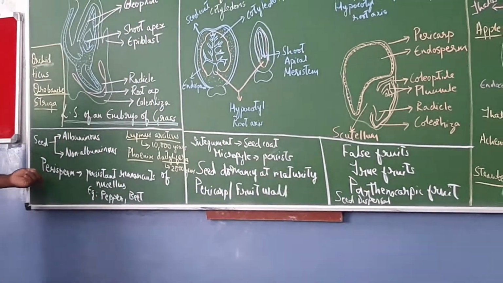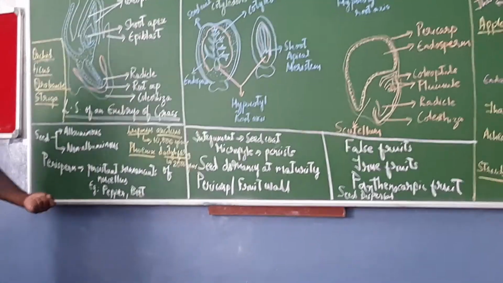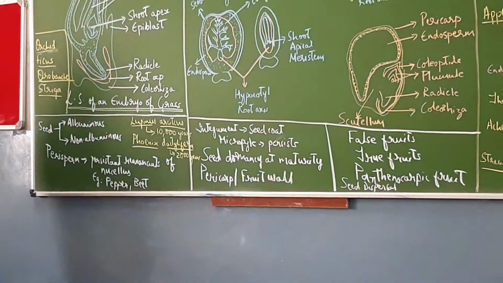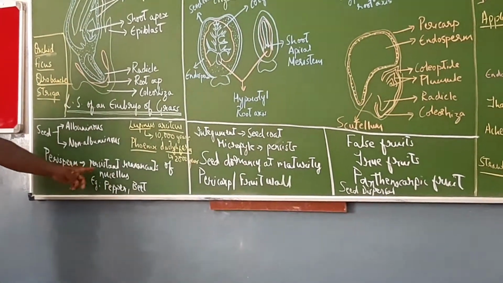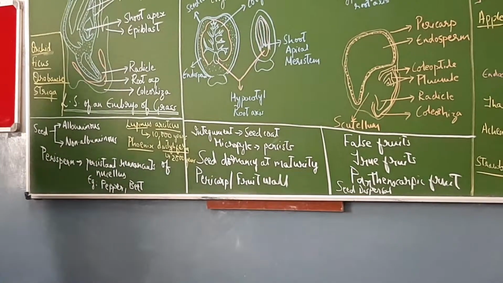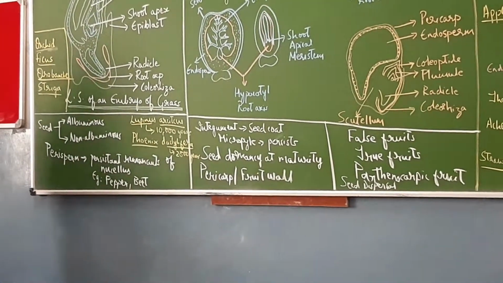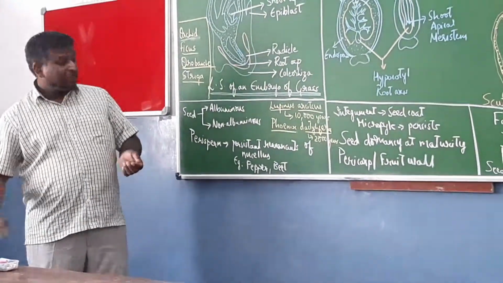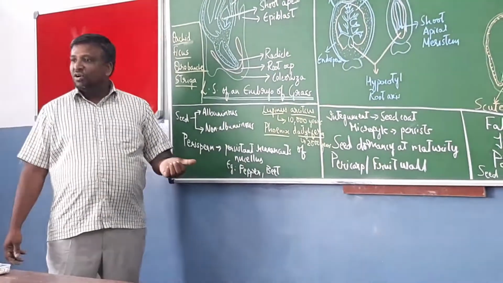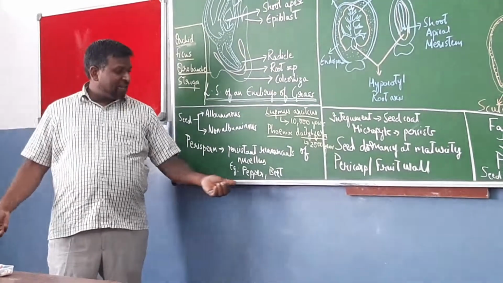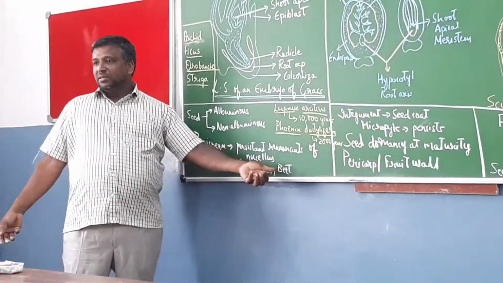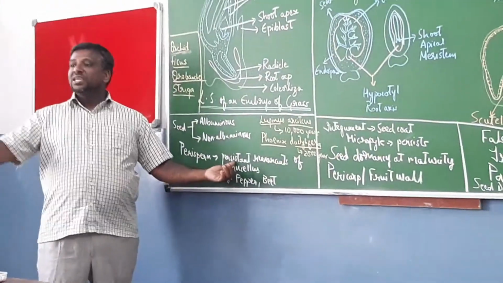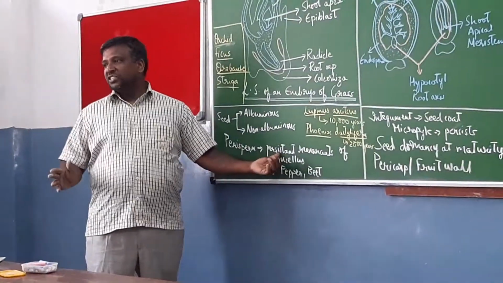Now we also have perisperm in certain seeds like the black pepper. The remnants of nucellus persist. Usually the nucellus degenerates after fertilization and formation of the seed. But in black pepper as well as in beet, you find the nucellus persists even after the formation of the seed.